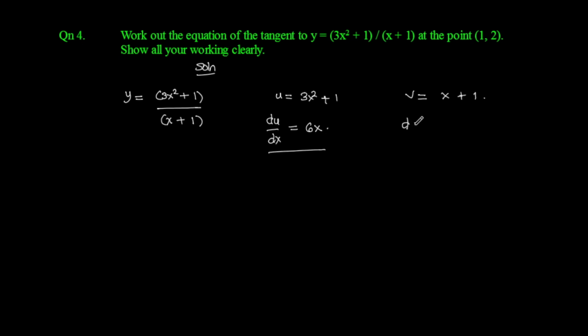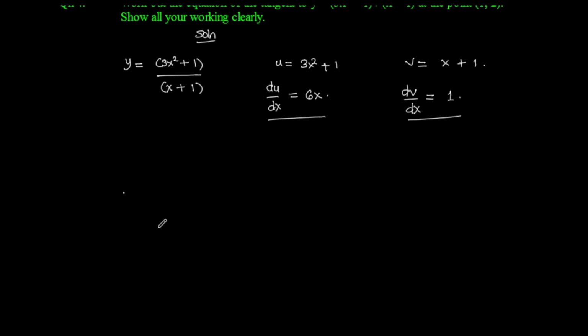Therefore, dv by dx equals the derivative of x, which is 1, and the derivative of this constant is also 0.